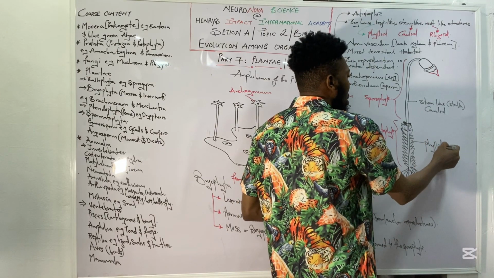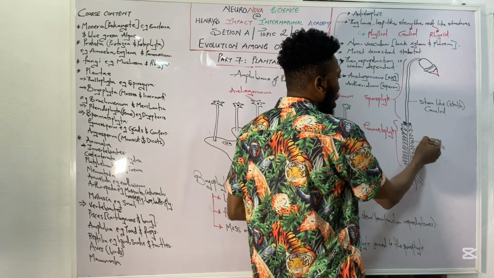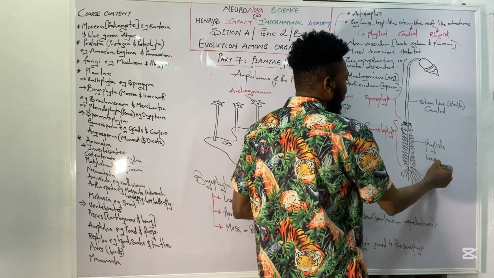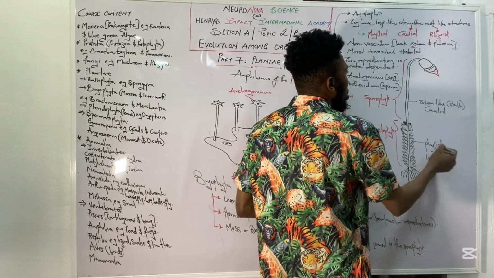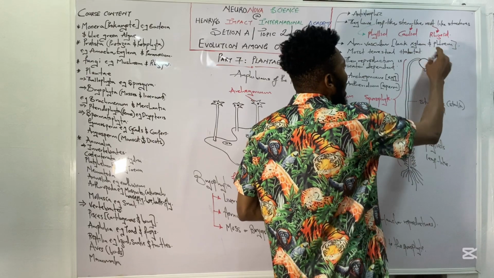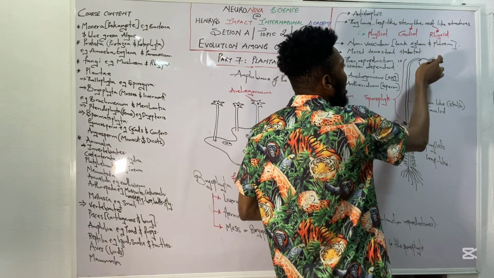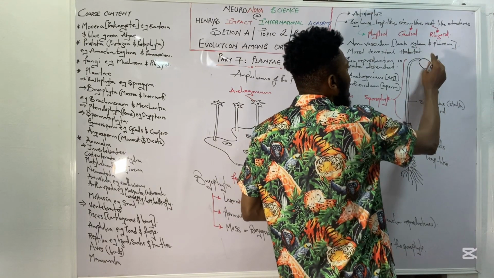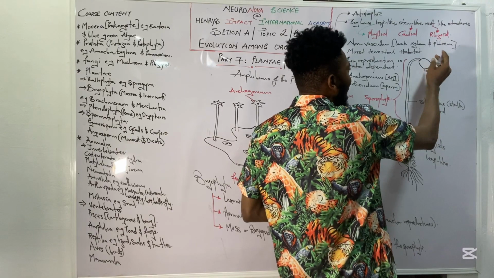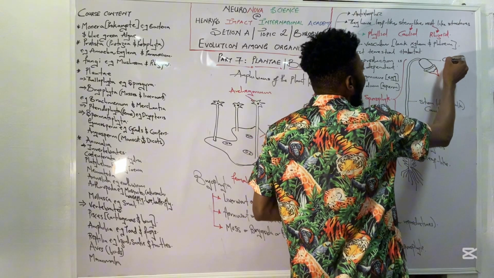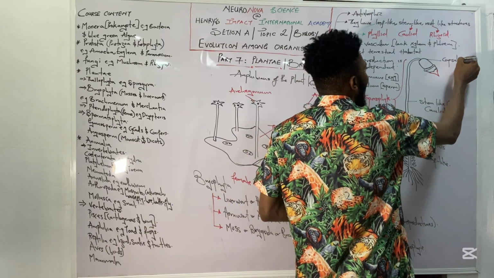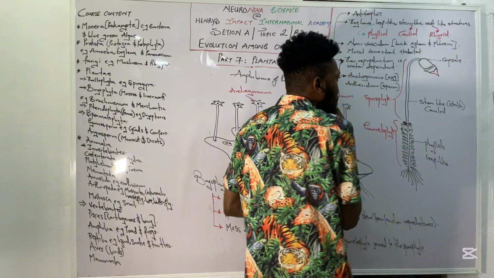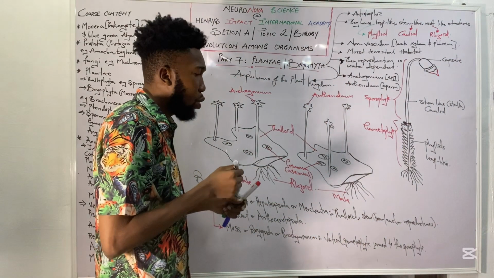And we said phyllids are what? Leaf-like structure. And on this top part here, this is where you find spores. Inside this place you see the spores. But this box, the packet itself, is what we call a capsule. So we have the capsule. Are we there now? So that's what we call the packet.